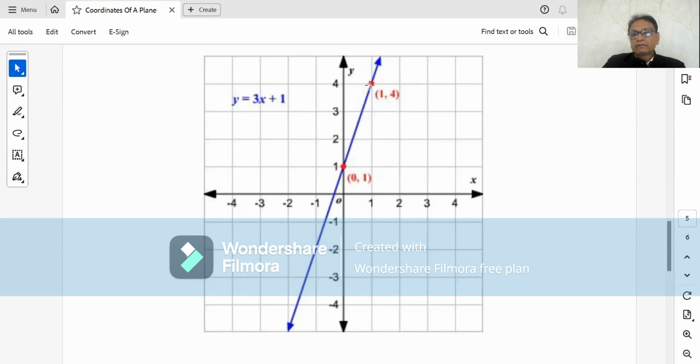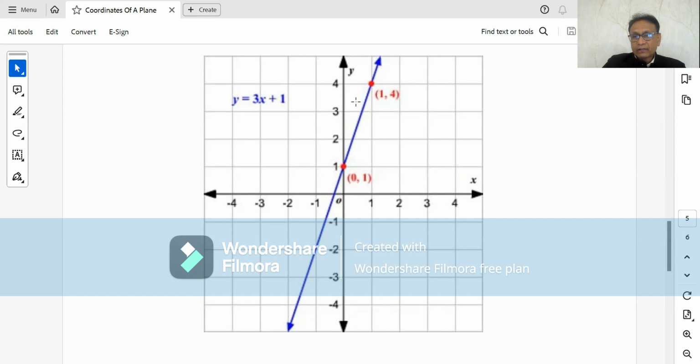See this point. Now draw a perpendicular on the x-axis. It intersects here. Similarly, draw perpendicular on y-axis. It intersects here. So first point we have to write along the x-axis. So from the 0 origin to 1. So this one we are writing here. And the second point we have to write along the y-axis.